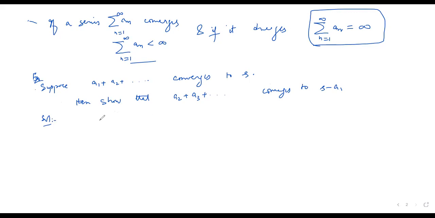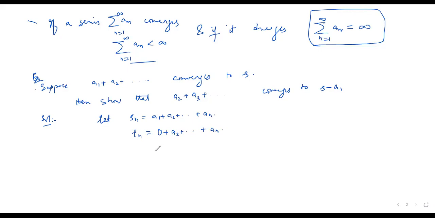तो अब क्या करेंगे, हम लेंगे एक exercise, इसका solve कैसे करेंगे, बहुत ही easy है. कि हम लेंगे let Sn be equal to the nth partial sum of the original sequence, right? Then what we do, I take Tn to be the nth partial sum of this series, 0 plus a2 up to an, right?